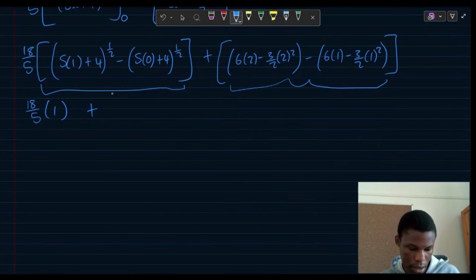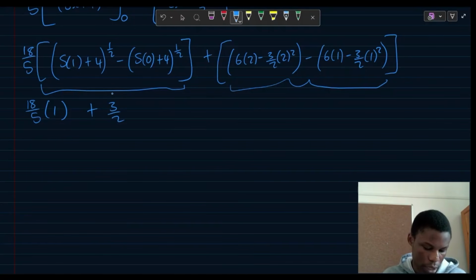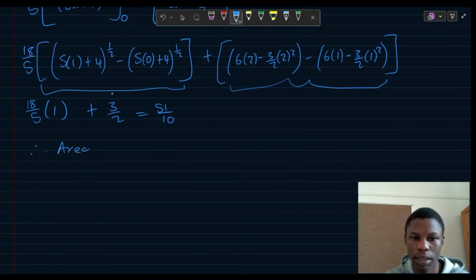So that is 6 times 2 minus 3 over 2 times 2 squared, minus 6 times 1 minus 3 over 2 times 1. And so from there we get 3 over 2. So 18 over 5 plus 3 over 2. And that gives us 51 over 10. And so therefore our area is 5.1.